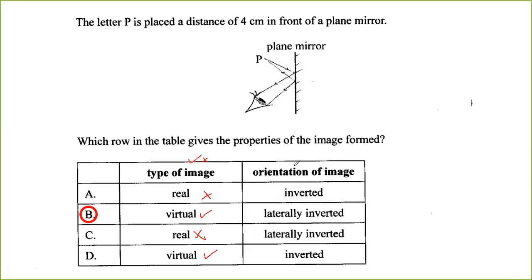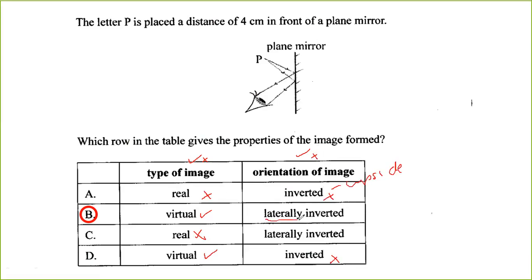So then I will go to the orientation of the image, and I will deal with that concept. And I know that plane mirror images are not inverted. Inverted means upside down, okay? So that's not right. They are upright. So that's not right. That's not right.